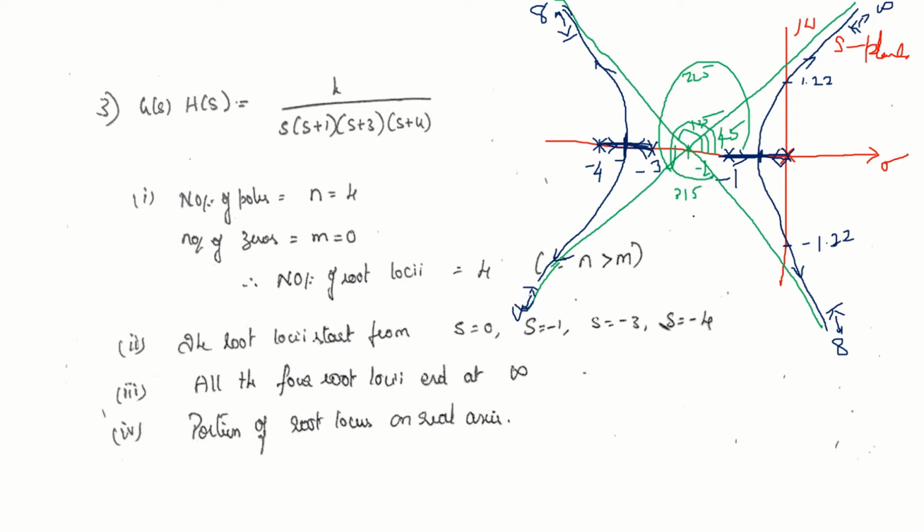You'll get this. So write the k value. Here it is omega so much, omega so much, and k value you write whatever you get. That's the root locus. There are 4 poles, 4 root loci.